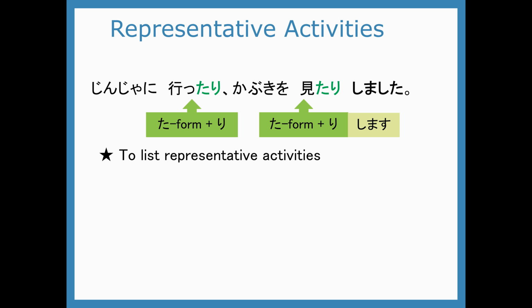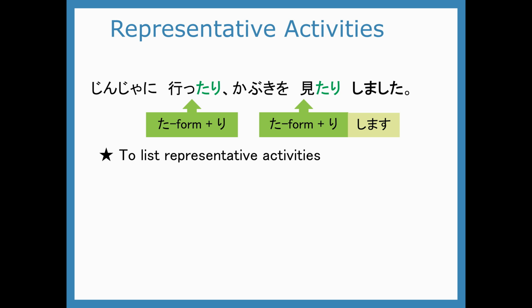When we make it, we take the ta form plus ri, and then we end with some form of shimasu. So with iku, we make the ta form, itta plus ri, ittari. With miru, we make the ta form, mita plus ri, mitari. And then we end with shimasu.